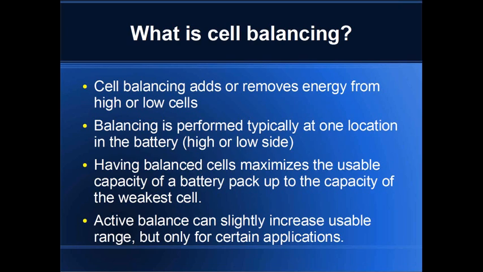So it does affect the usable capacity, but as long as you are monitoring the individual cell voltages and you don't overcharge and over discharge cells, you should be okay. If you have a more significant balance issue, let's say that you're at like 40% out of balance, you're not really going to have any usable capacity in the battery though. So the purpose of balancing is to increase the usable range.